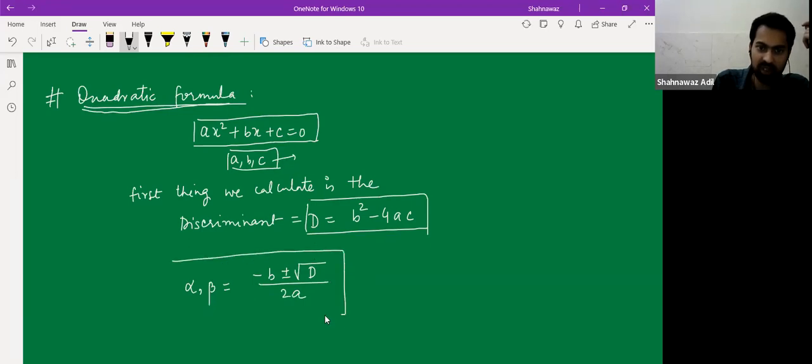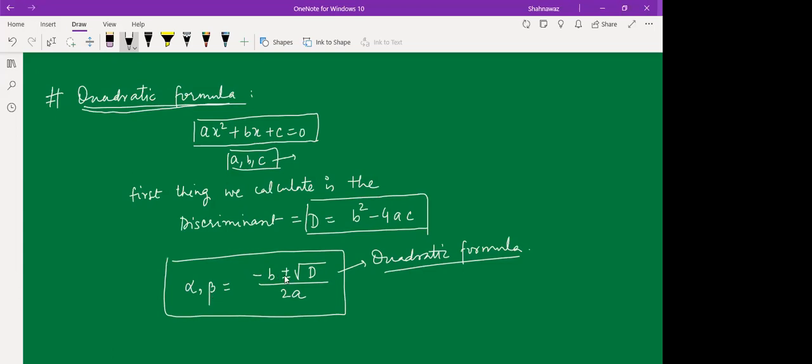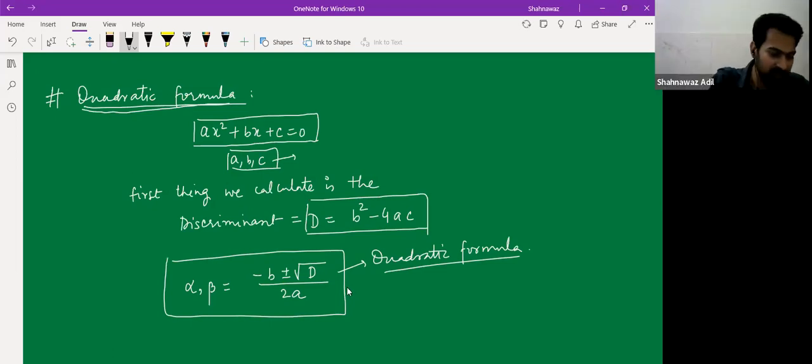So this is the quadratic formula. Any doubt, guys? So alpha is plus and beta is minus, right?